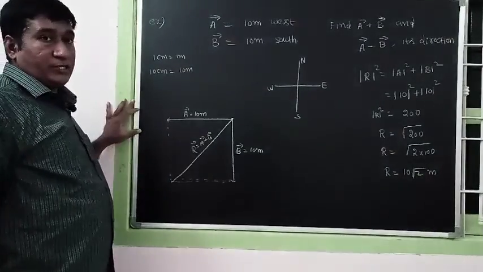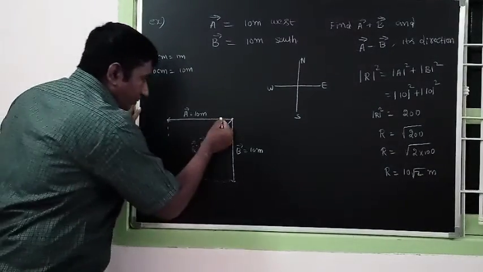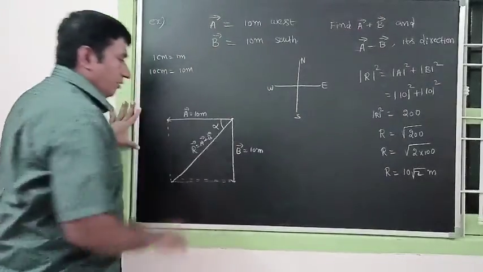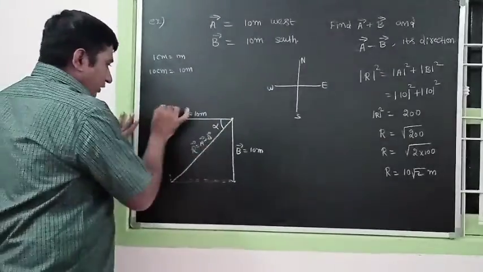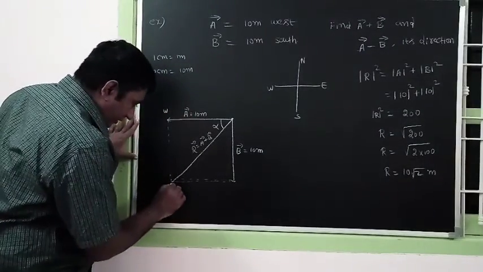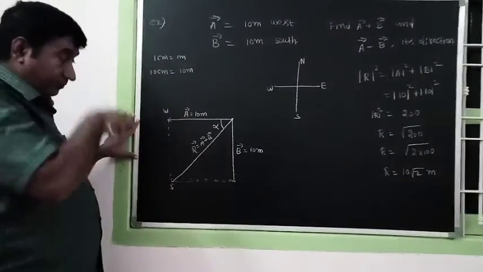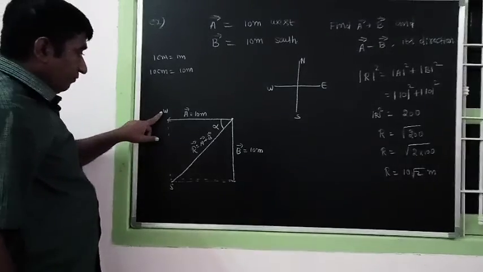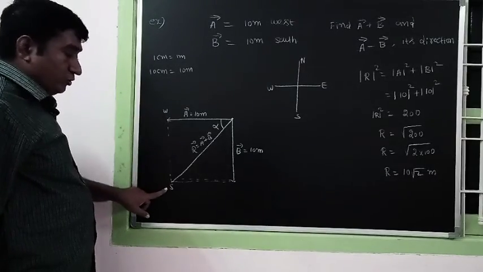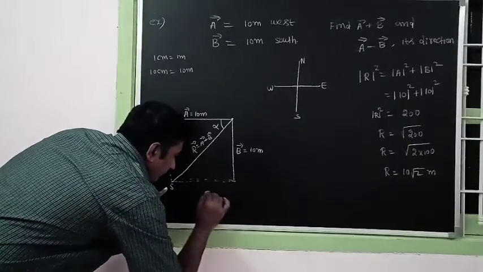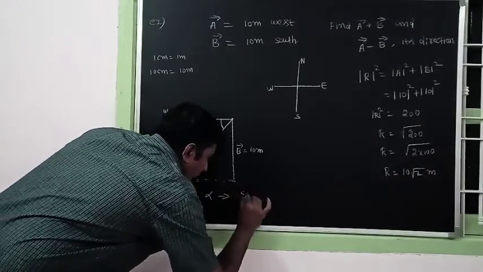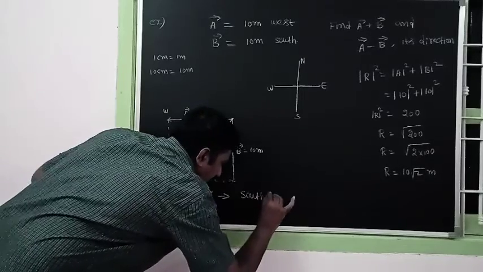Then what about its direction? Its direction we take with respect to horizontal, say alpha. So if this is west, if this is south, it is coming from west to south, that is alpha, which is nothing but south of west.